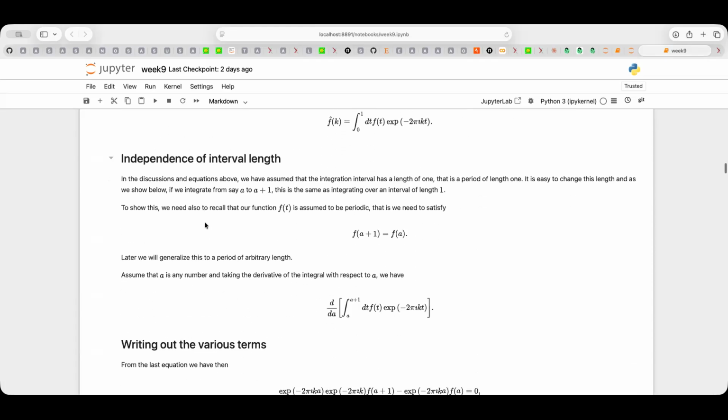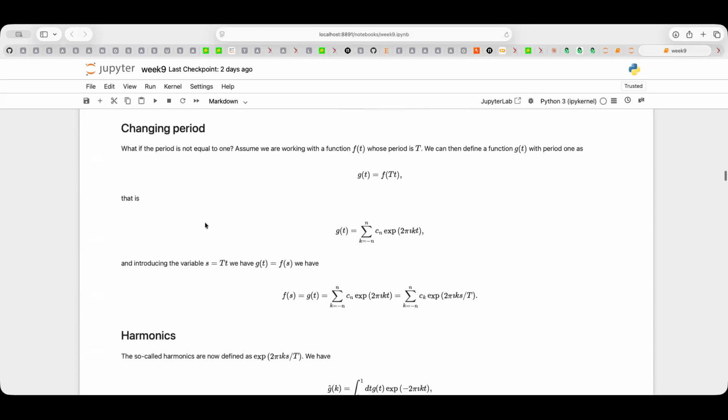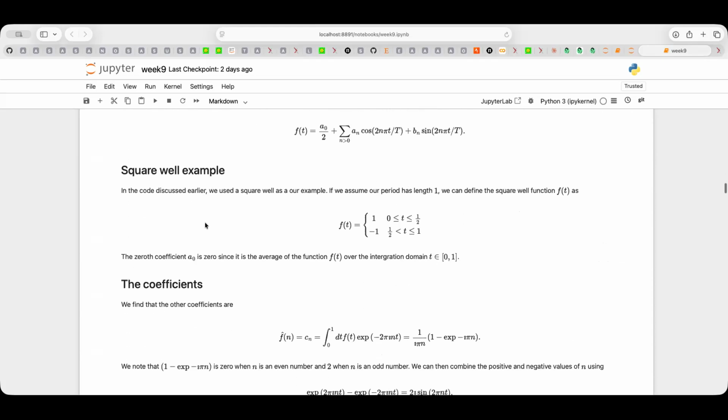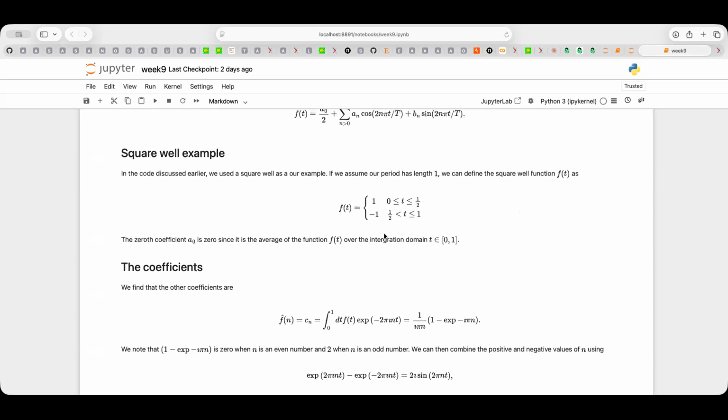If we scroll down a little and go back to the material from the slides, this is the square well example, where we have an f of t, which is either 1 or -1 in these intervals. The example you saw is essentially this as a signal.